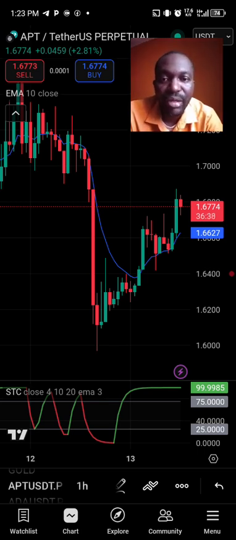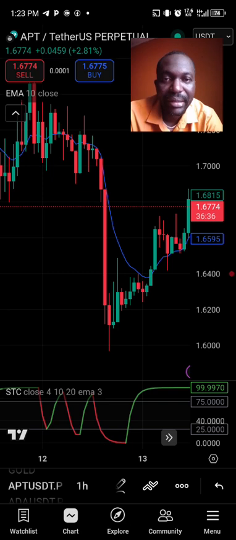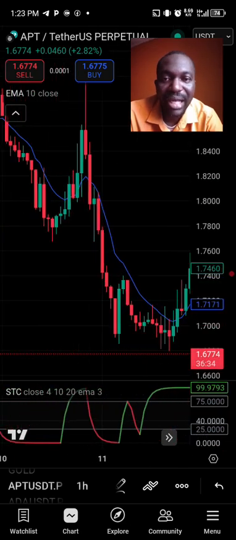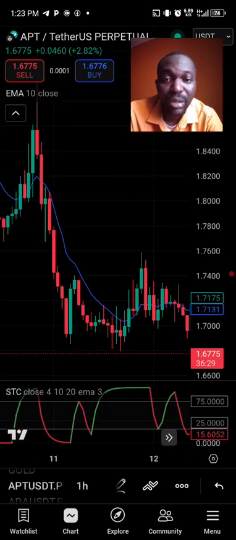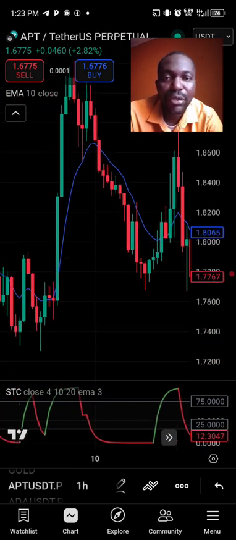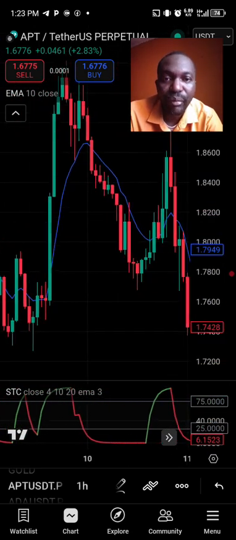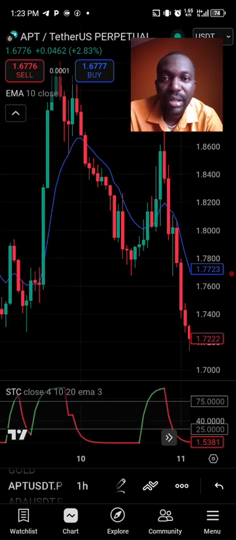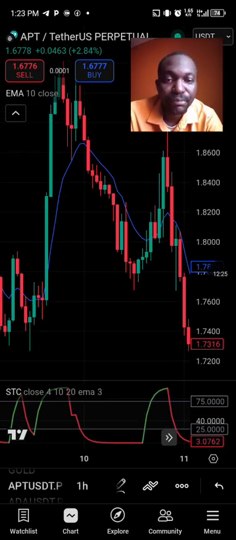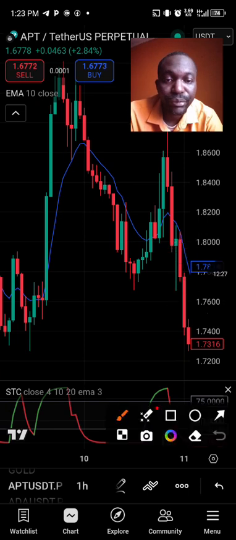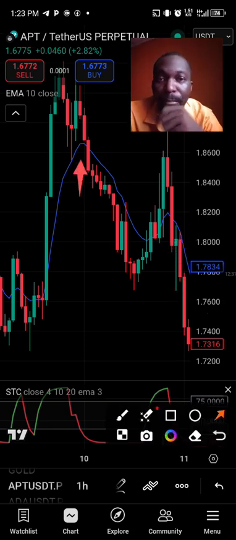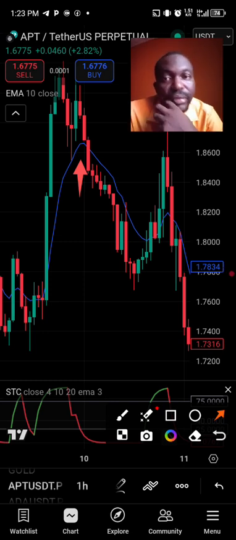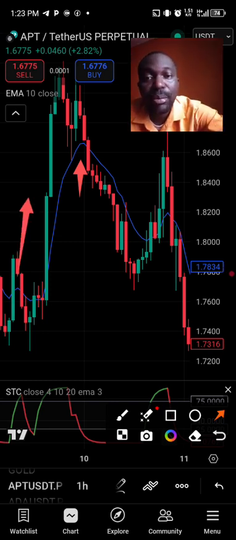So now, if we go back, you can see that price was actually moving down. So now we are in a downtrend. I want you to notice something. If you look right here, you'll see that price was initially trending up.